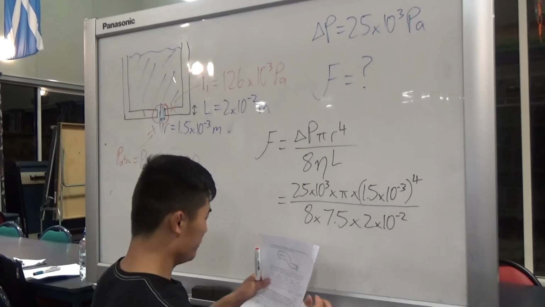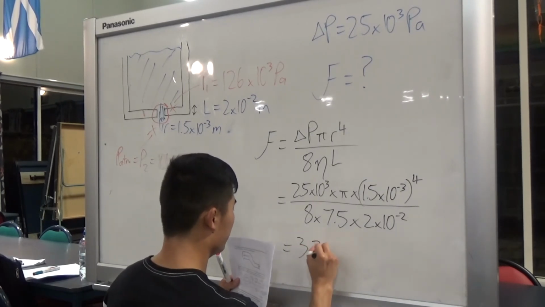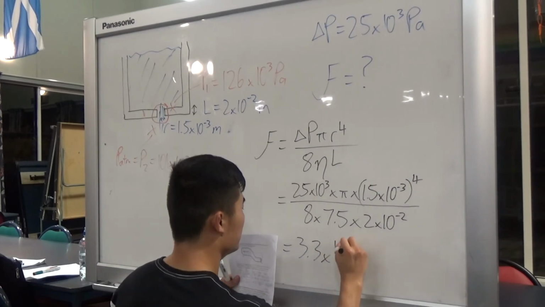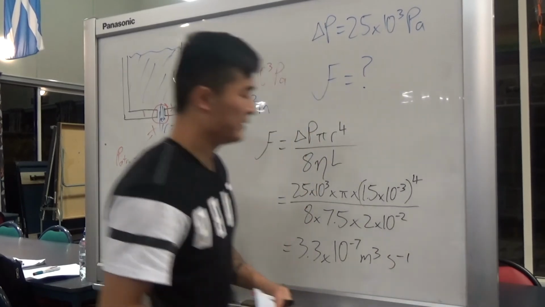So that will give you 3.3 times 10 to the negative 7 meters cubed per second.